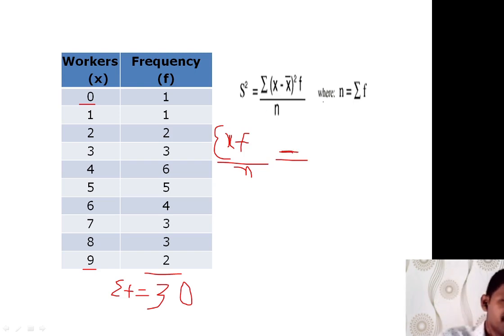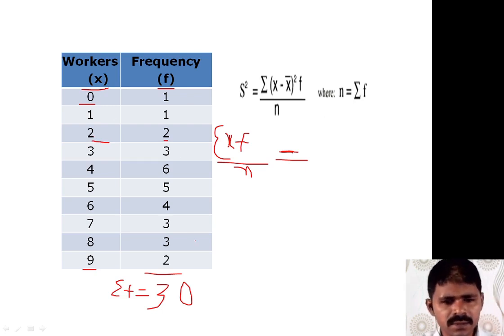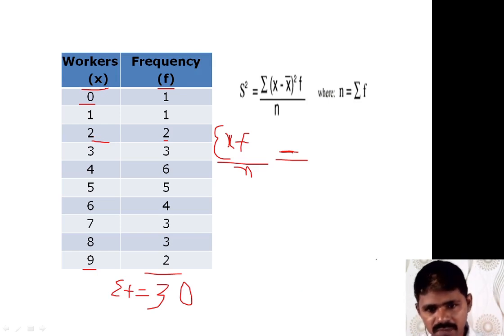Here x values are given and f values, the frequencies, are also given. We have to multiply 0 into 1 is 0, plus 1 into 1 is 1, plus 2 into 2 is 4, and similarly add all the xf values, and divide by the total number of frequencies, that is 30.